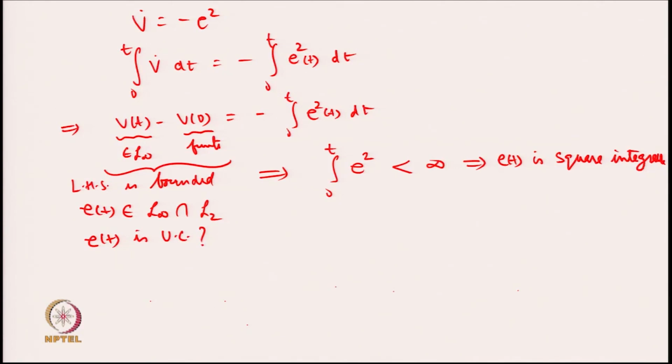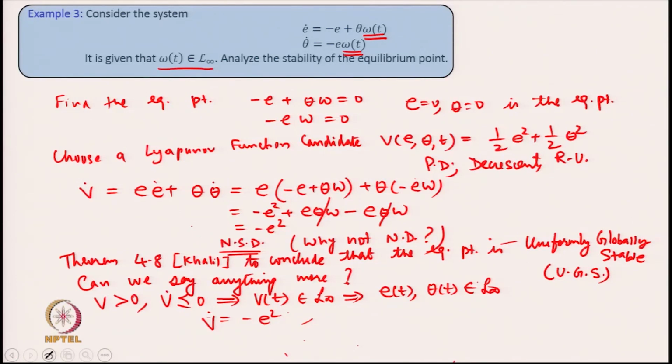To do that we will have to look at E dot. I mentioned before that if we can prove that E dot is bounded, that implies that E of t is uniformly continuous. So, we go back and see what E dot is.